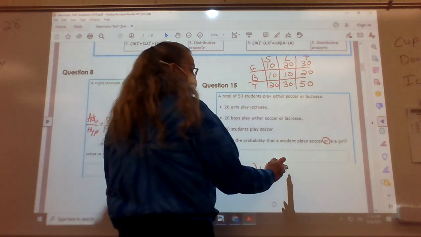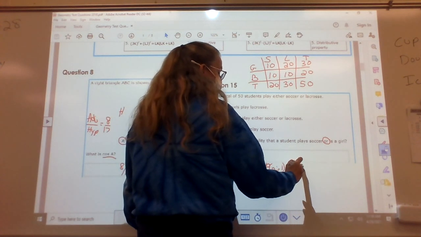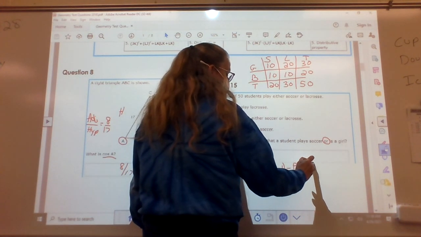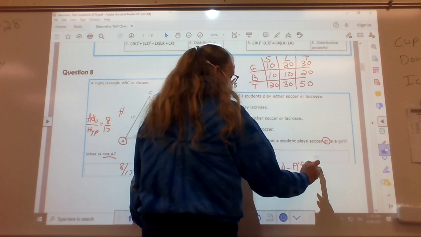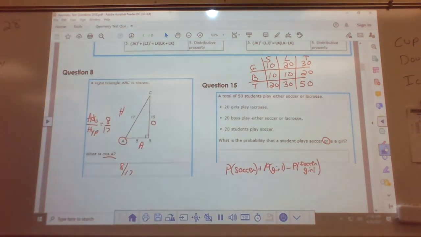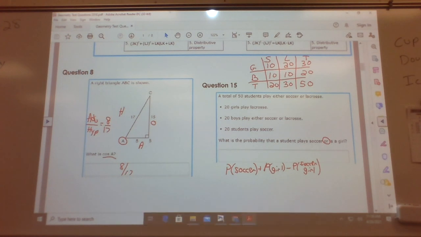So now I have to subtract the probability of soccer and girl. That's the one probability formula that they give you on the reference paper: probability of A plus probability of B, subtract probability of A and B. It's the one they give you.